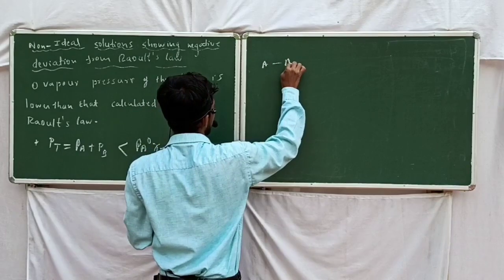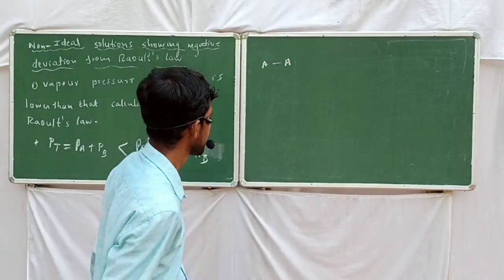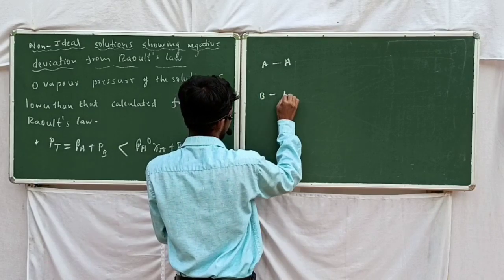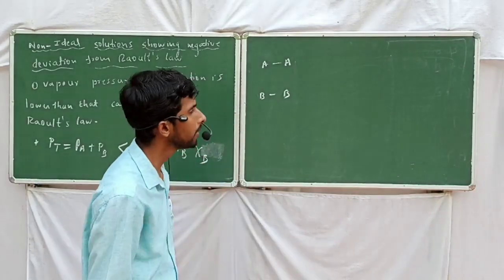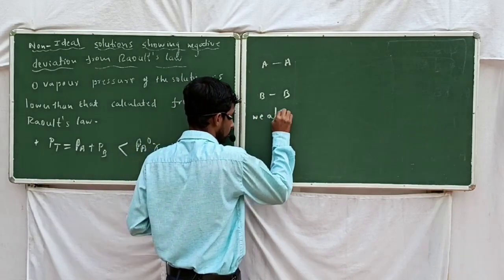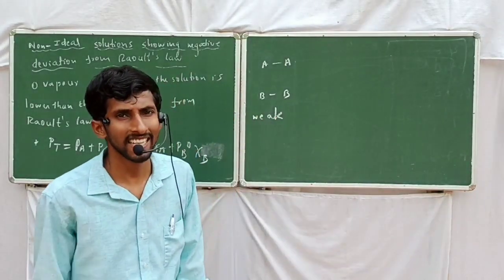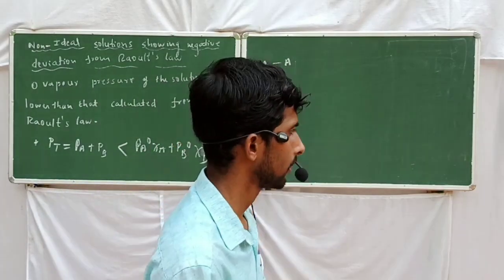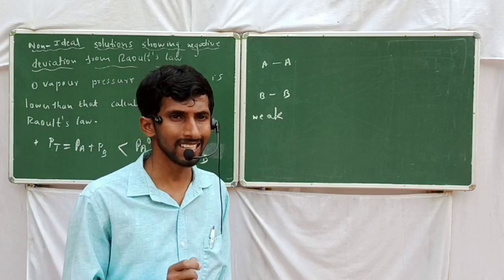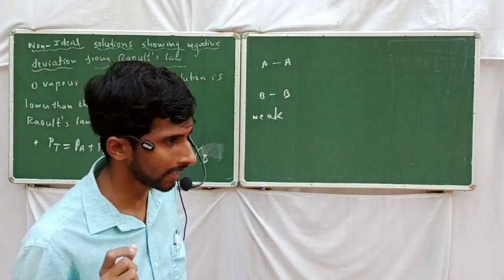Consider a solution that is made up of two components, A and B. In this case, the components in the pure state have weak intermolecular forces of attraction.